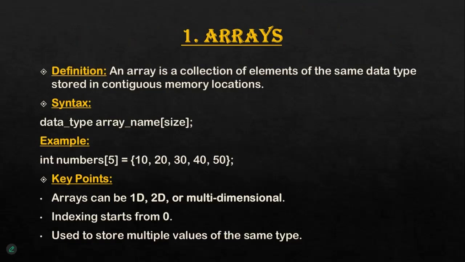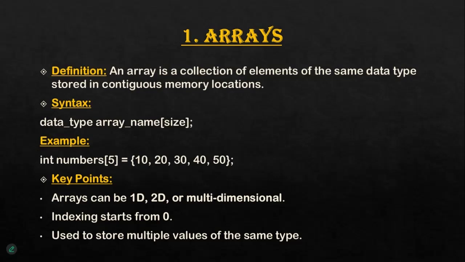In derived data types, at first there are arrays. So what are arrays? The definition is: an array is a collection of elements of the same data type, stored in contiguous memory locations. We can also call it a homogeneous data type, or same data type. What is a contiguous memory location?